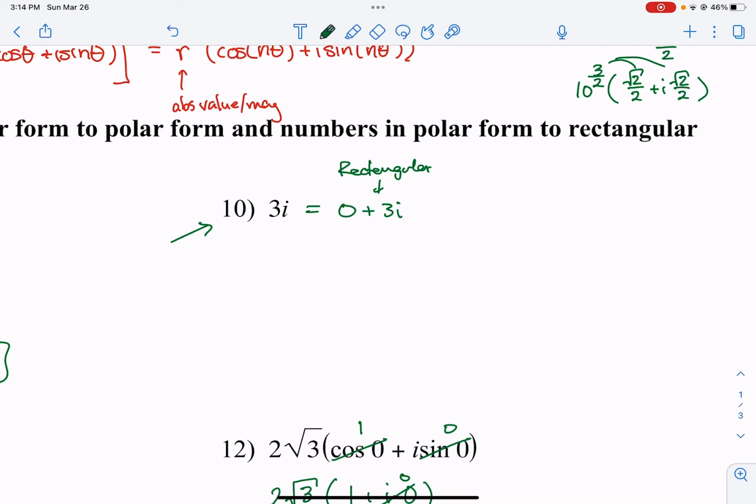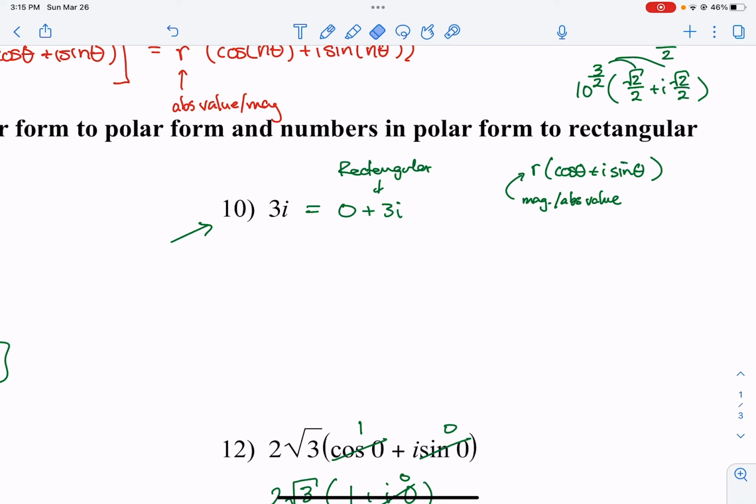So the first aspect to polar form, keep in mind that it looks like this, is essentially, well, the magnitude or absolute value always goes out front. So if you're going from rectangular to polar, what you need to do is say, what is the absolute value of this number?